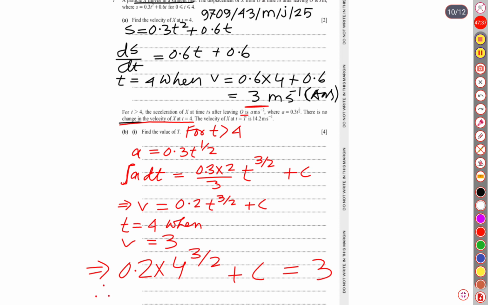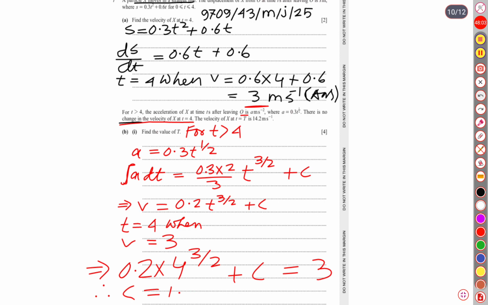Hence our c is going to be 3 minus 0.2 into 4 raised to 3 over 2. So 0.2 into 4 raised to 3 over 2 is 1.6. If we subtract 1.6 from 3, it is going to be 1.4.